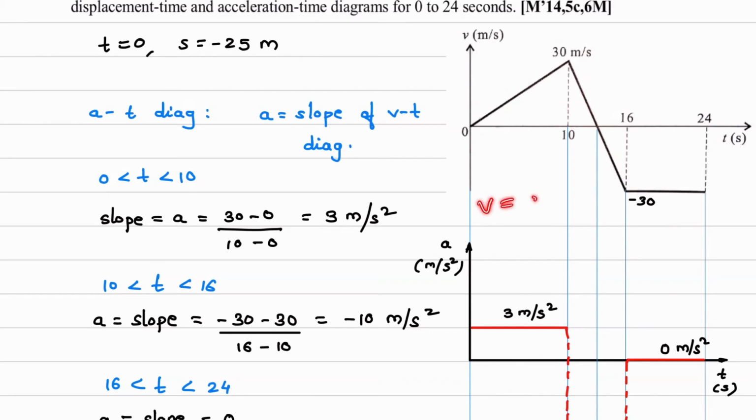Now we will see the VT diagram, because we have to draw ST diagram. Velocity is equal to ds by dt. Now velocity, it is increasing or decreasing? It is increasing, right? So velocity is increasing in negative direction. So velocity is increasing, so slope should increase. And since velocity is negative, slope should increase in negative direction.